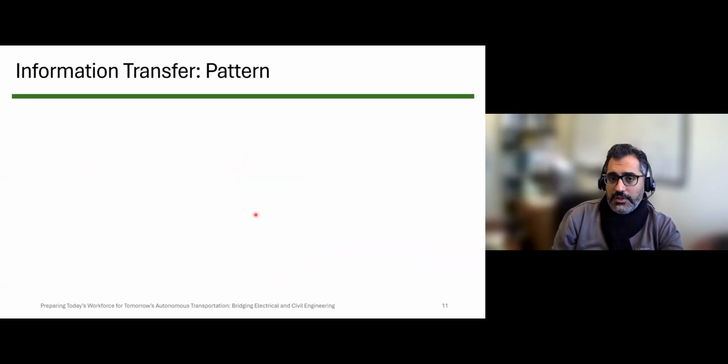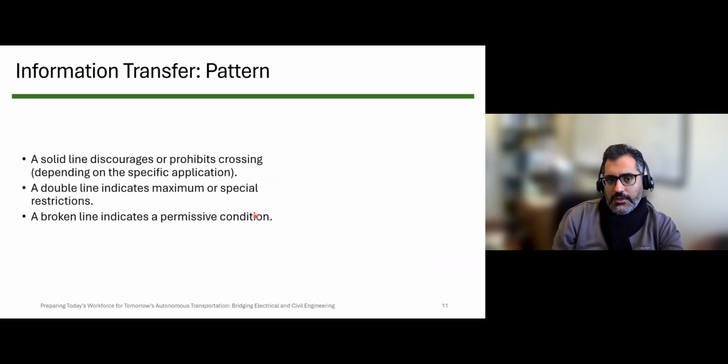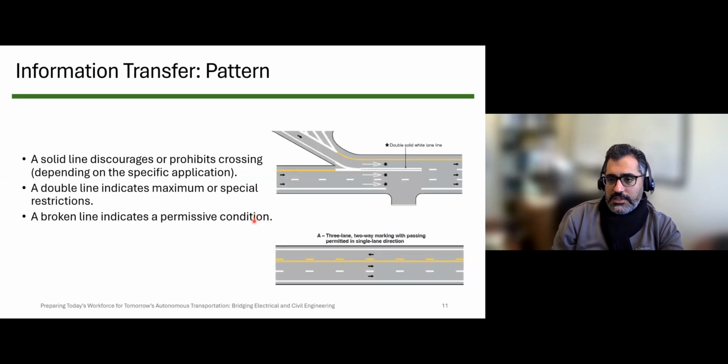When talking about pavement markings, we have a solid line, we have a double line, and we have a broken line. Look at these examples. There is a merge lane here, and because this is a very controversial area, there could be weaving happening. If you are merging the traffic here and you might want to exit later, you might be trying to cut across these lanes, and it would be a safety issue, right?